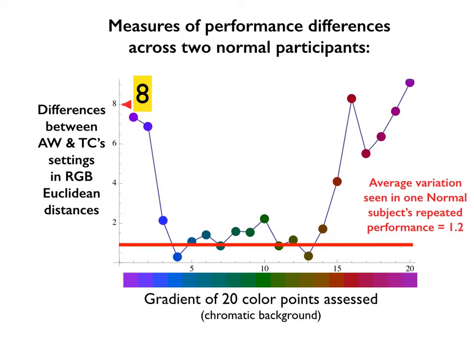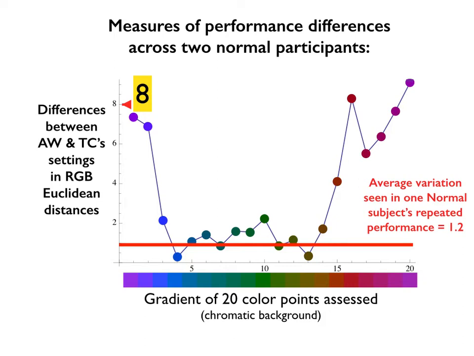What I'm showing you here is a curve that is a measure of performance difference between 2 subjects. The color gradient on the bottom are 20 colors that we tested in color space for this isoluminance task. And the curve represents the difference between 2 subjects' observed settings as measured in the RGB space by Euclidean distances.